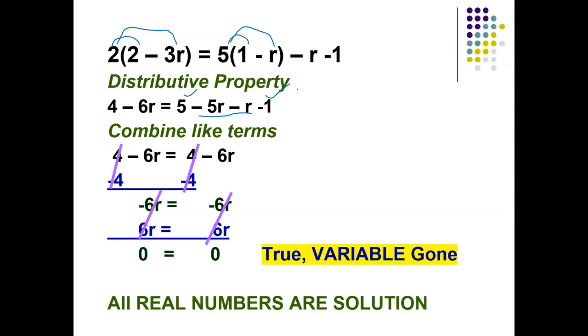So the answer I'm going to write is all real numbers are the solution, which is the same thing as infinitely many solutions. Meaning this equation doesn't have 1 or 2 or 3 answers, it has infinitely many. Because any number you replace the r by on both sides, that always will come out to be the same. So this was our third type, all real numbers.